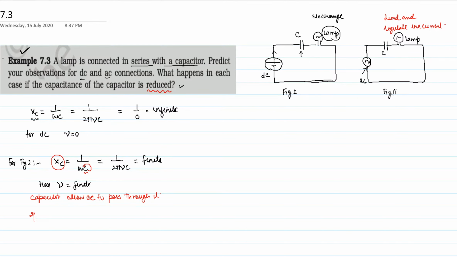If C is reduced, Xc will increase. Capacitive reactance will increase, and the lamp will shine less brightly.